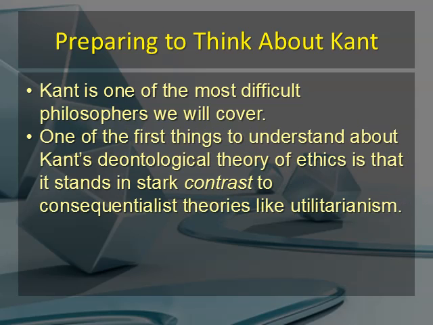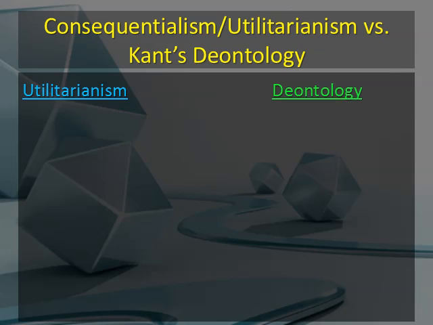One of the first things to understand about Kant's deontology is that it stands in stark contrast to consequentialist theories like utilitarianism. Here is a useful set of contrasts between utilitarianism, which we have already covered, and Kant's deontology. Kant was largely responding to the popularity of utilitarianism, a theory which he was very much opposed to.